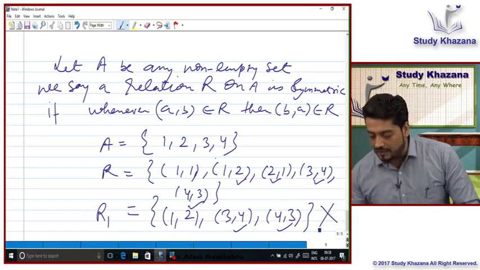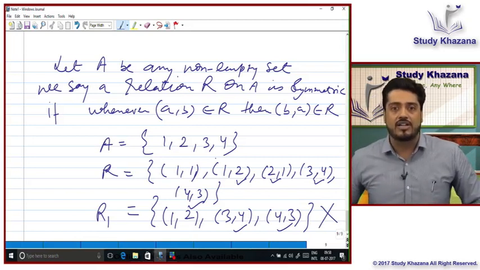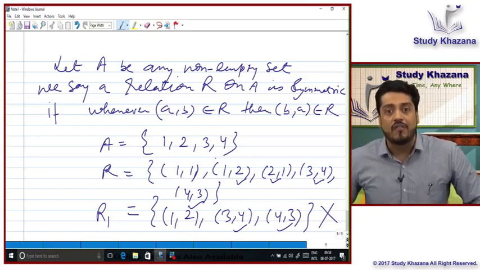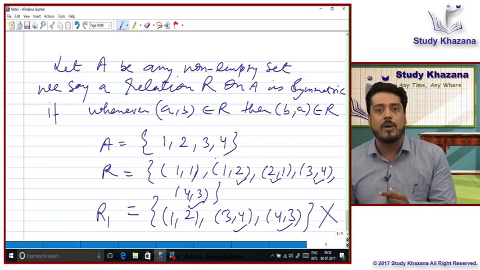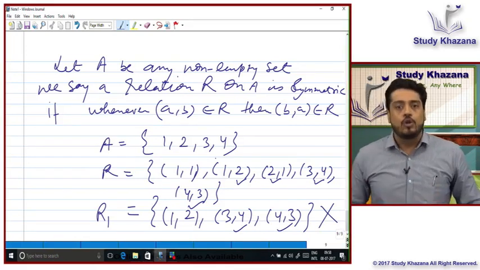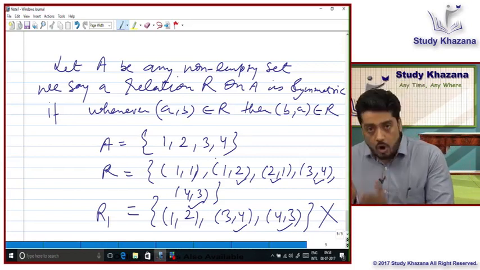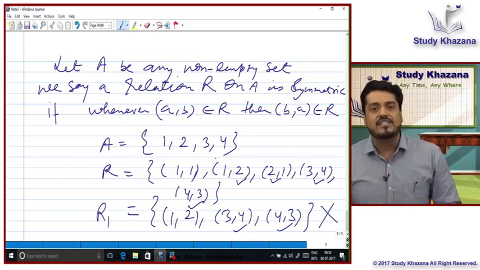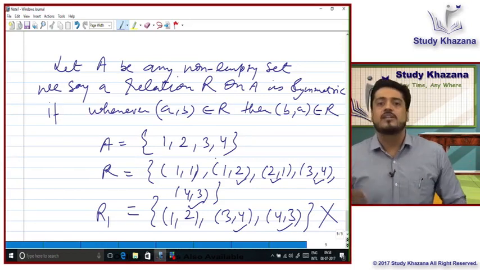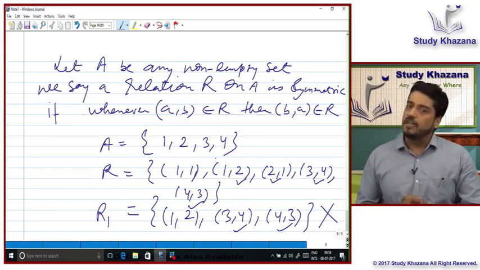Therefore, I will declare this relation to be a non-symmetric relation, because there is one pair (1,2) for which the reverse tuple (2,1) is not available. So this is an example which is not symmetric, and in the above example we observed a symmetric relation. This is how we define symmetry of a relation.